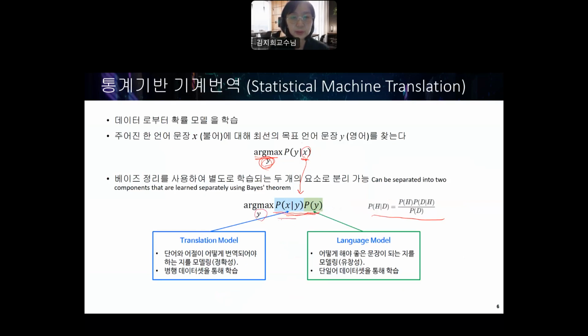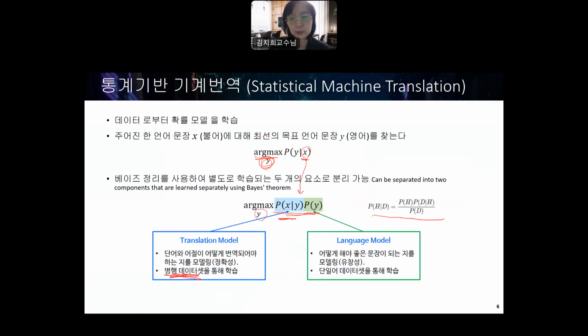The first part is the translation model: how a particular phrase or word is mapped to a different phrase or words in a different language. So it needs a parallel corpus to train this model.